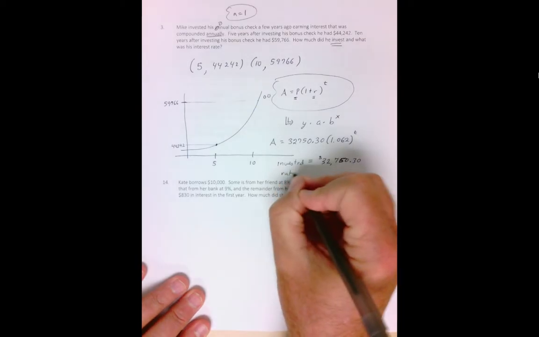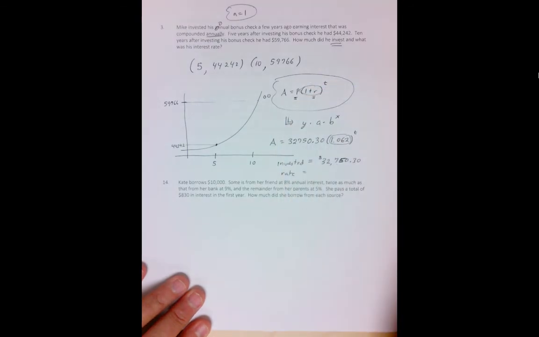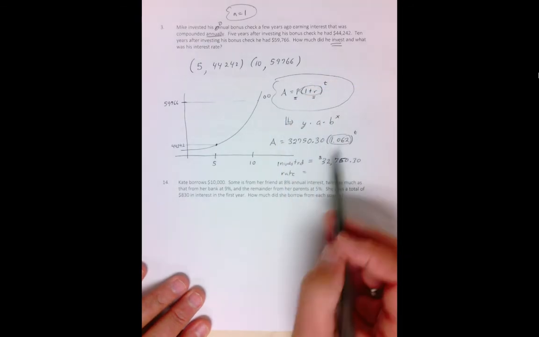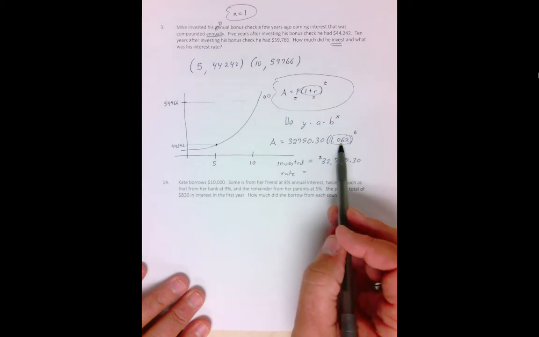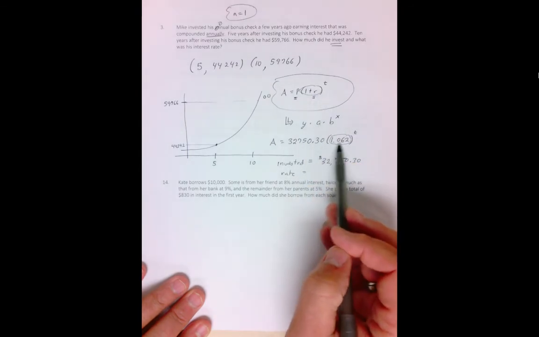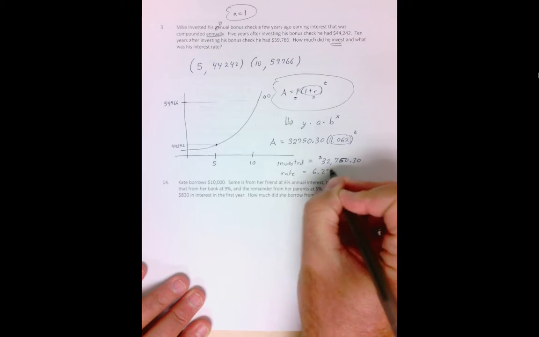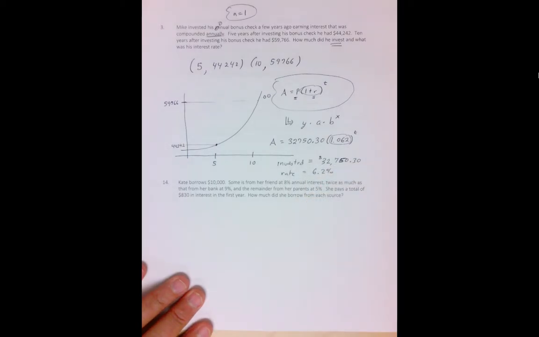The rate is going to be found here, and it's going to be the amount that's added to the 1, because 1 plus our rate, so this is going to be 1 plus 0.062, so our rate is 6.2%.